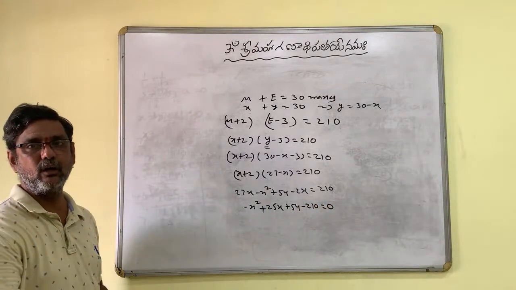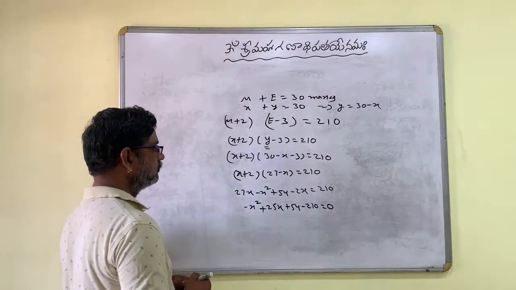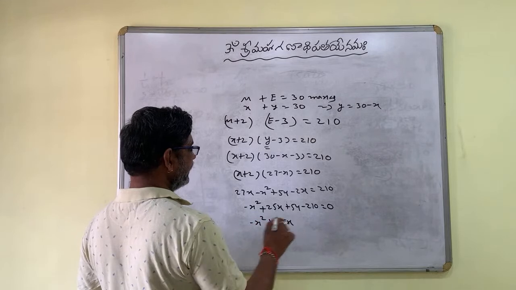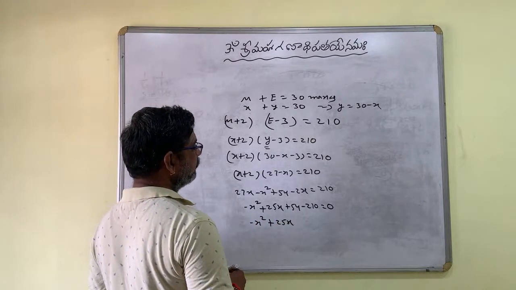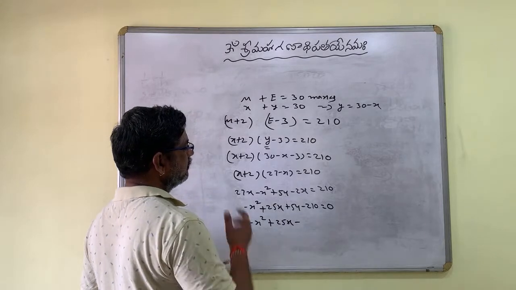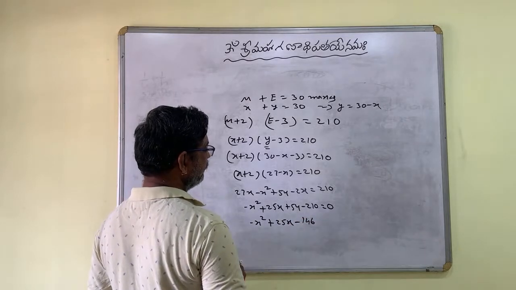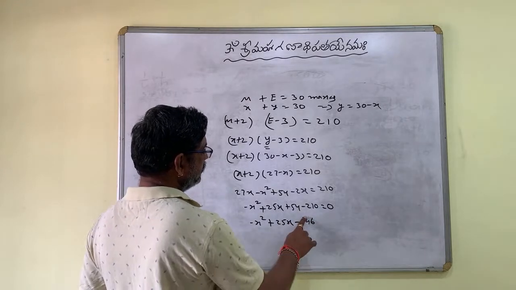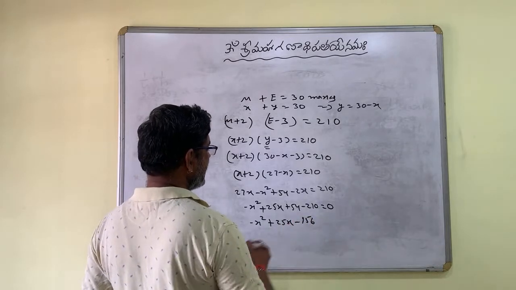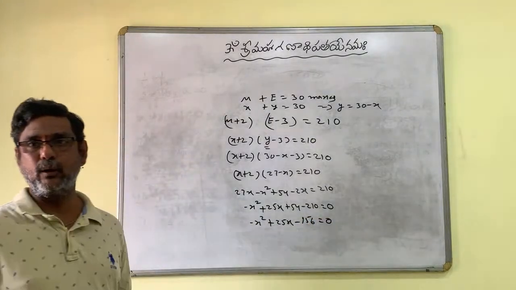Minus x square plus 25x, 54 minus 210, I think it is minus 156. So minus x square plus 25x minus 156 is equal to 0.